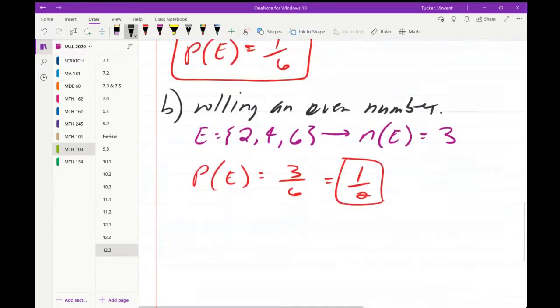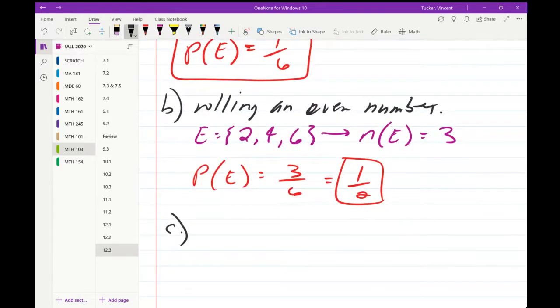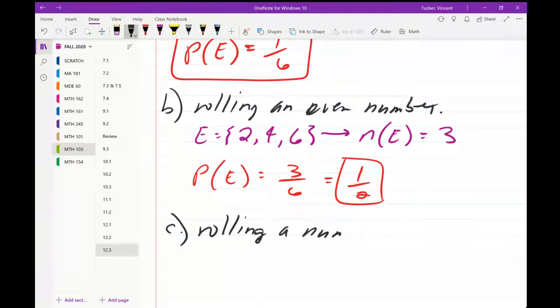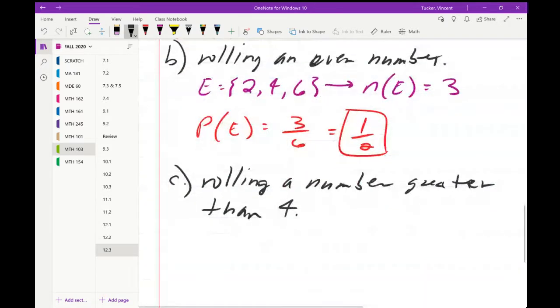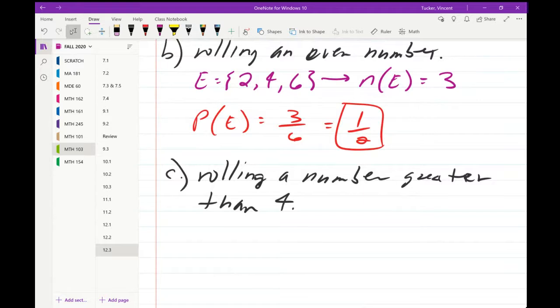One more with a single die. All right, so we want to roll a number greater than 4.